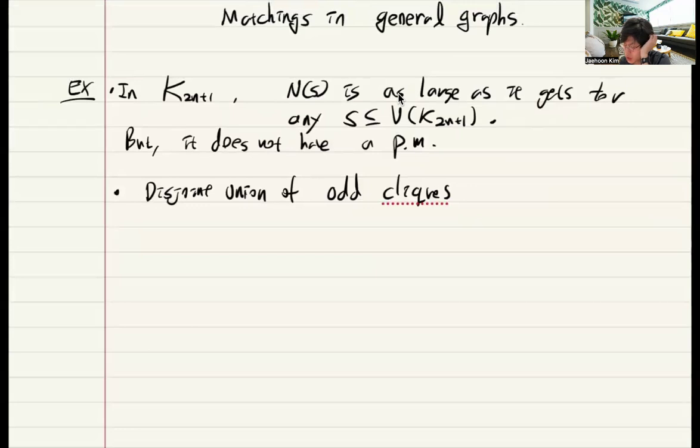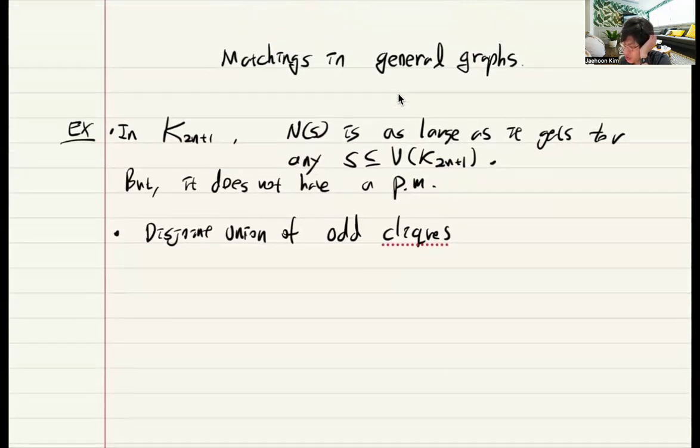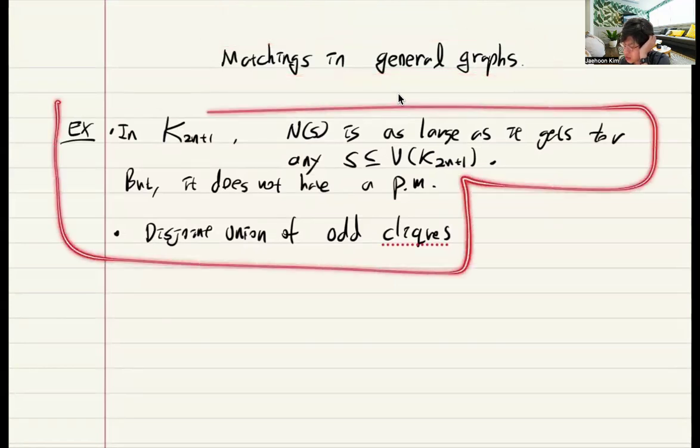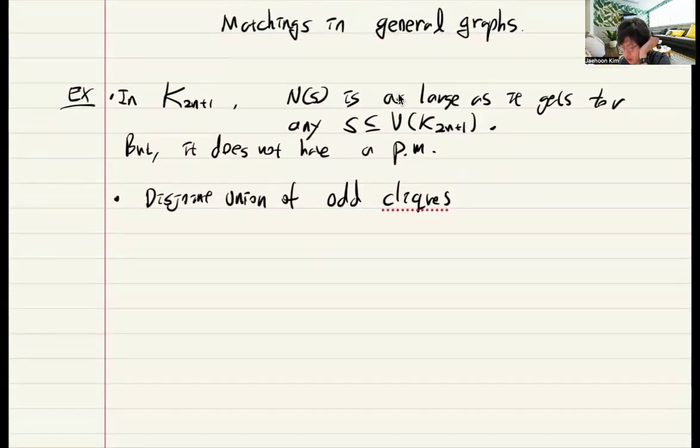So we want to study matchings in general graphs, and somehow this parity matters. So we will define some terminology which will help us discuss the relationship between matching numbers in general graphs and this parity issue.